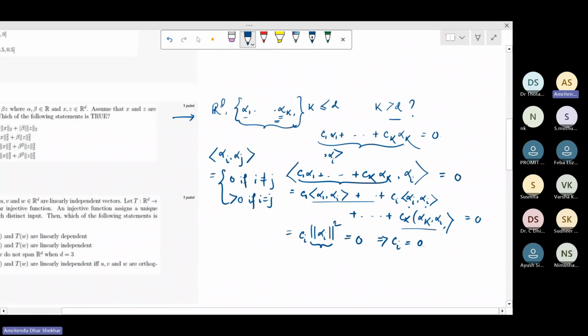So if you take an orthogonal set and you want to produce a linear combination which gives 0, you can only do it with the trivial linear combination. That is, you have to set each of these to be equal to 0.